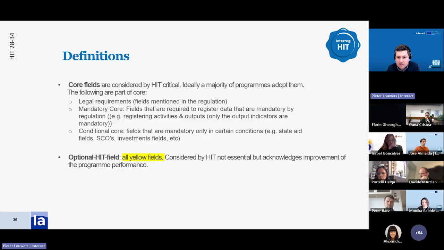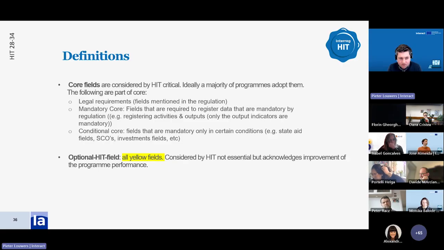So for example, a state aid section: it is required by the regulation that if a partner is state aid relevant, they have to do a self-assessment of state aid. Or investment fields: if a project has investments, then they are required to fill in the investment section. Of course, if they are not state aid relevant or if they do not have investments, then those fields are kind of hidden. But they are mandatory in certain conditions. So that type of fields should also still be mandatory and part of core.